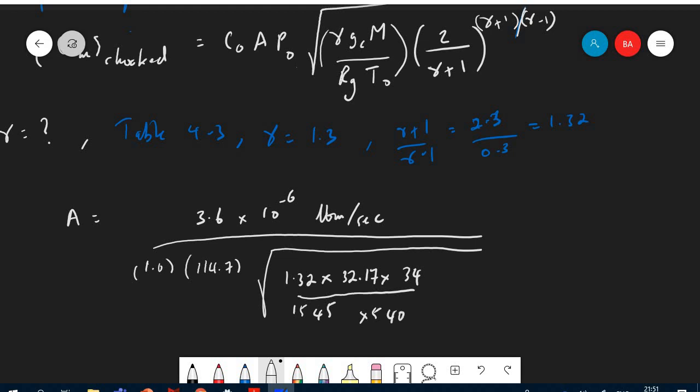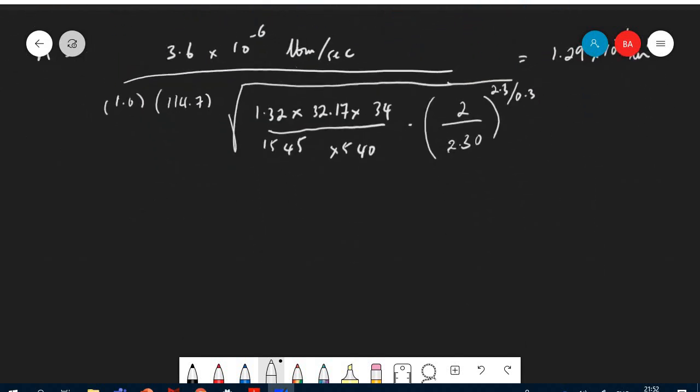And if you do this calculation, I forgot to multiply by 2 over gamma plus 1, which is 2 over 2.3, to the power gamma plus 1 divided by gamma minus 1, right? So if you do this, the answer will be 1.29 into 10 to the power minus 6 inch square.